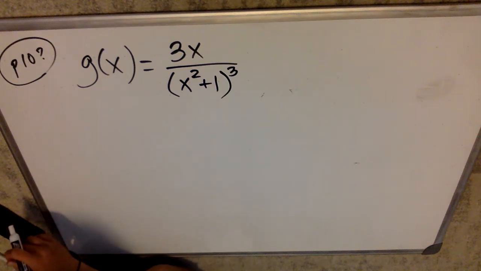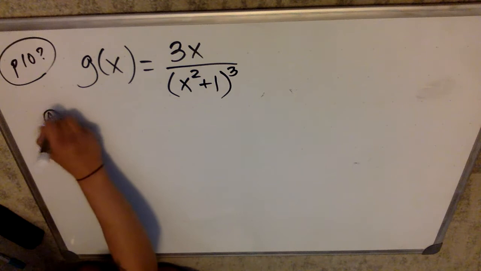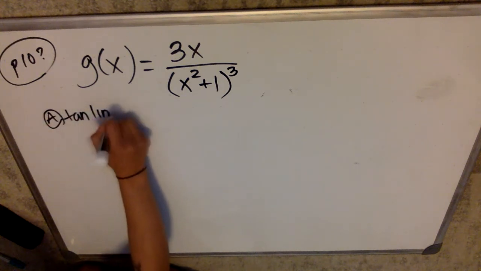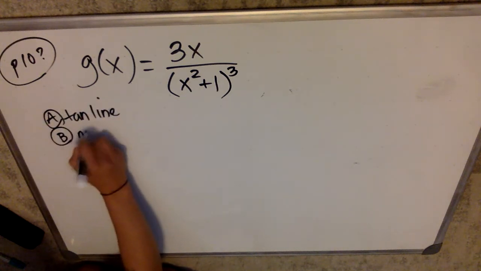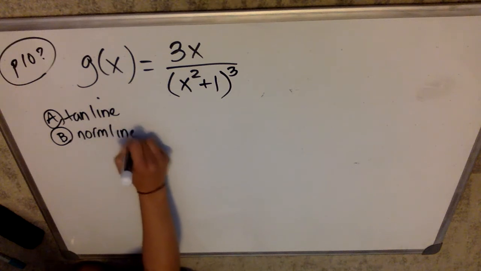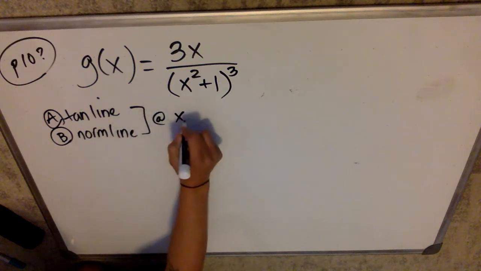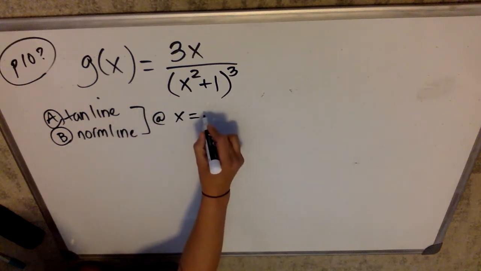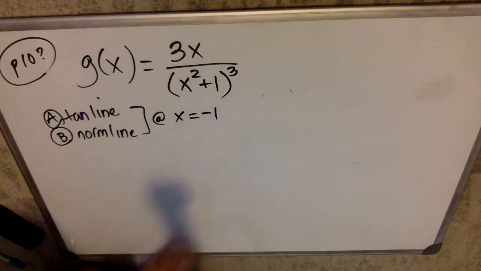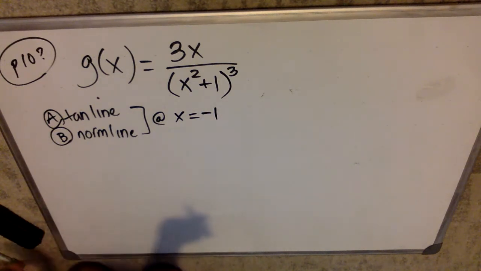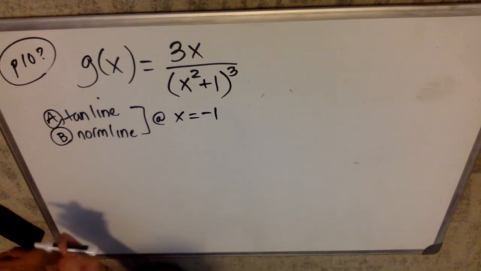Yeah, it's not disgusting. Cool. So A is going to be tangent line. B is going to be normal line. Right? And for both of them, we're going to say at x equals negative 1. Sure.